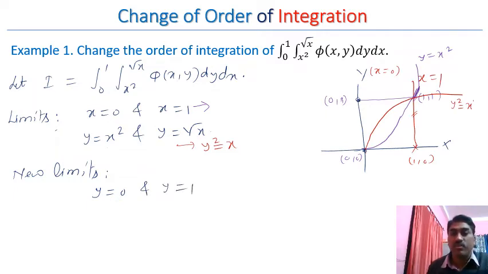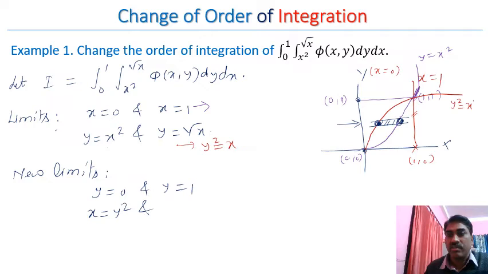Then what are the values of x? For values of x, draw a strip, and when you move in the left to right direction, the first curve will give you the lower limit of x. So x is equal to y square for this curve. Then this curve gives you the upper limit.